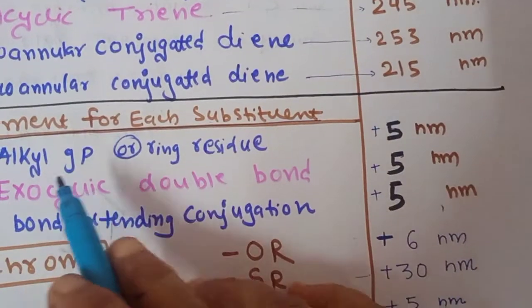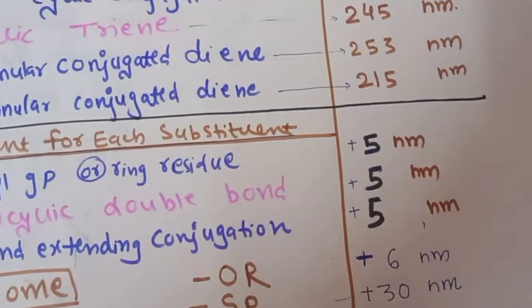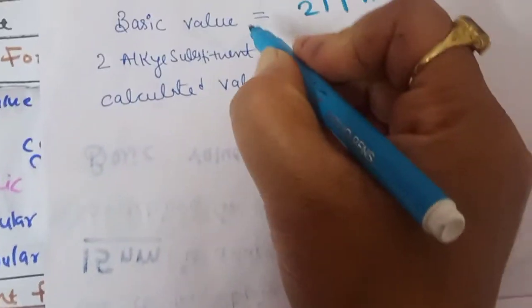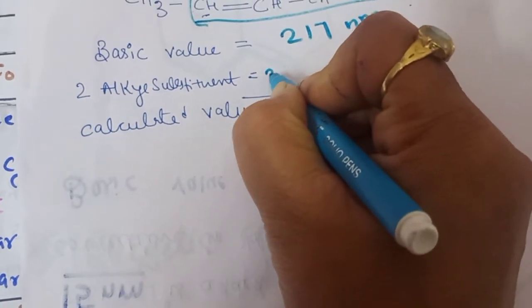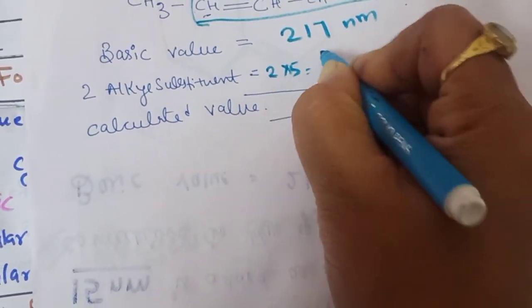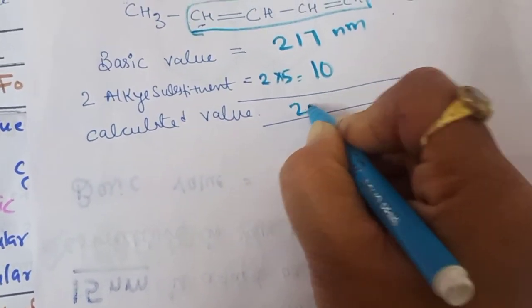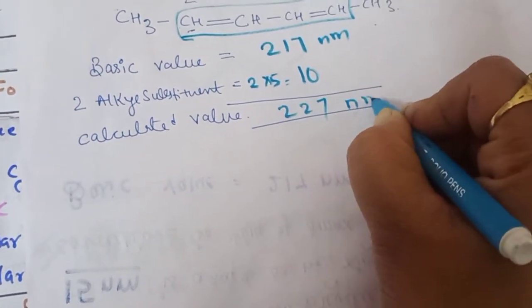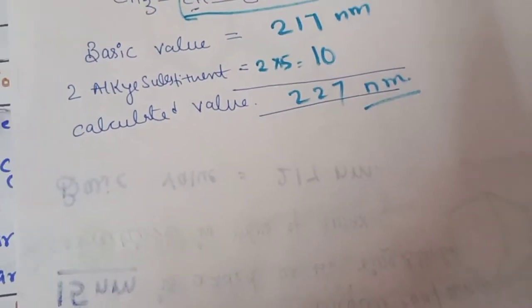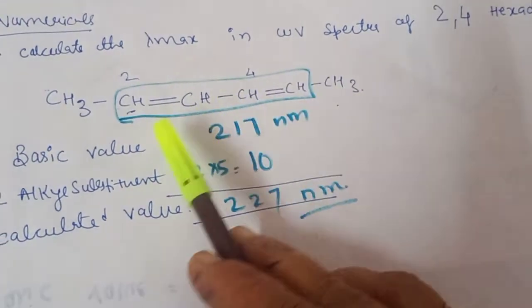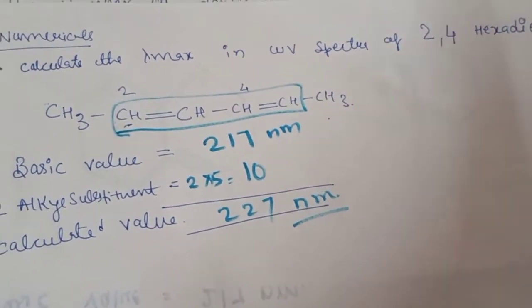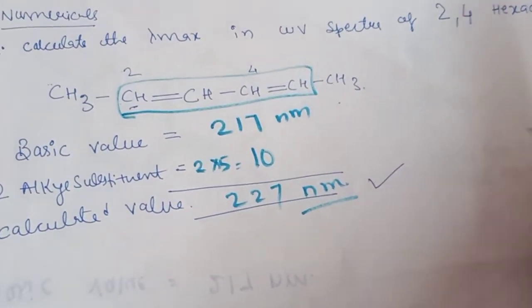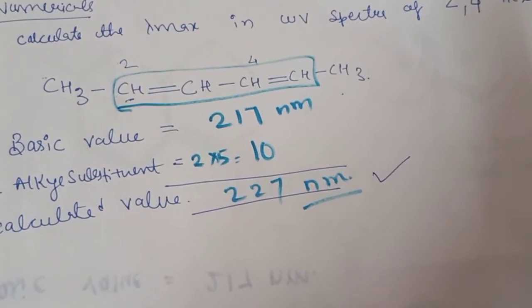For one alkyl substituent, what is the increment? It is plus 5. So for 2 we will write 10, or you can write 2 alkyl substituents into 5 is equal to 10. So the total will be 227 nanometers. So you can write the calculated value for 2,4-hexadiene comes to be 227 nanometers. So like this we can solve some numericals also.